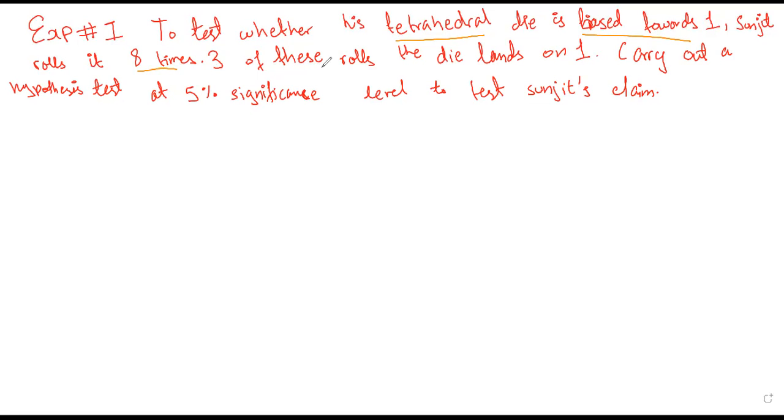In three of these rolls, the die lands on one. In total, he rolled his die 8 times, and out of these 8 attempts, in three, his die landed on 1. Carry out a hypothesis test at 5% significance level to test Sanjeet's claim.